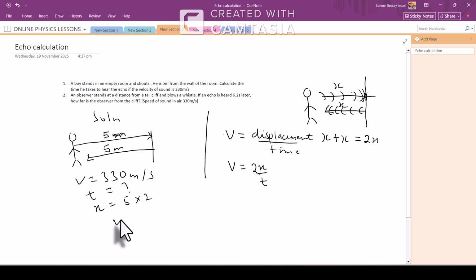So let's rewrite the equation nicely: V equals 2x all over t. We are looking for t. So let's put our 330 here equals 2 times 5 all over the t we are looking for. Finishing it up, we have 330 equals 10 all over t.